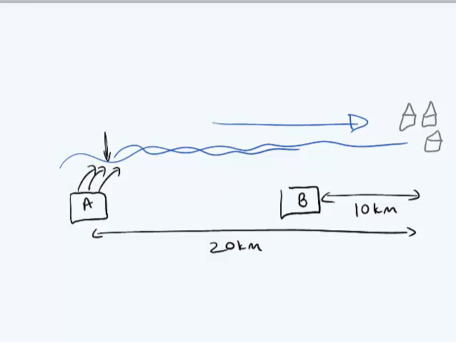Let's say factory B emits exactly the same amount of exactly the same pollutant, but they emit only 10 kilometers from the city. The river has less chance to break the pollutant down into less harmful pieces before it reaches the city.